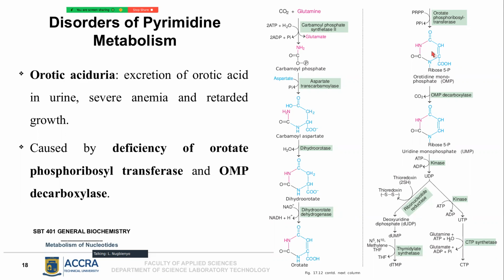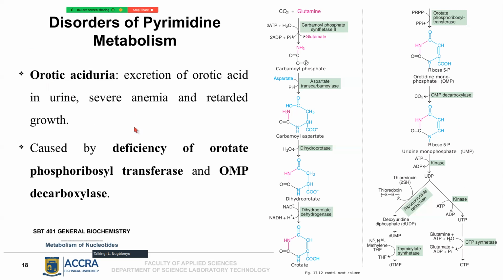And similarly, the OMPD carboxylase, this enzyme, is also responsible for the conversion of orotidine monophosphate down the path to uridine monophosphate to then go down the whole path. So any deficiency in these two enzymes can cause the buildup of orotic acid in the system, which will be referred to as orotic aciduria.